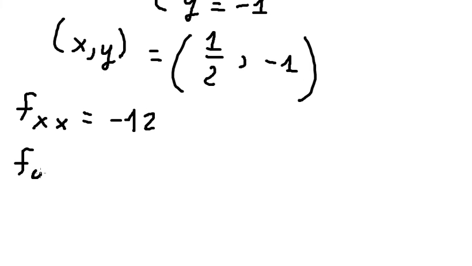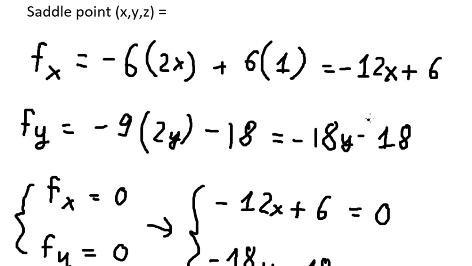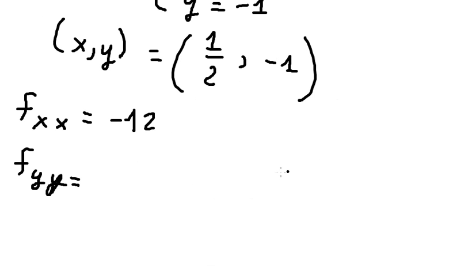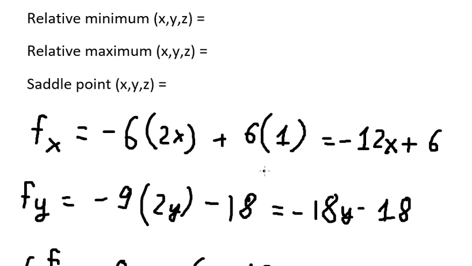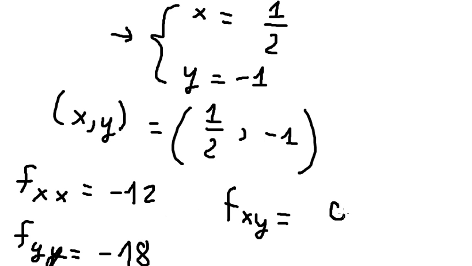And the next one, f_yy. That is the first derivative of f_y with respect to y. So that is this one. So that's it. We have only negative 18. f_xy. So I will choose this one. However, we don't have y in here, so you get 0.